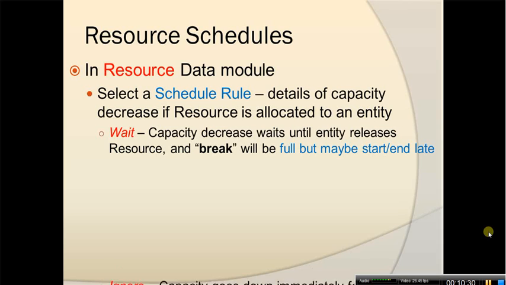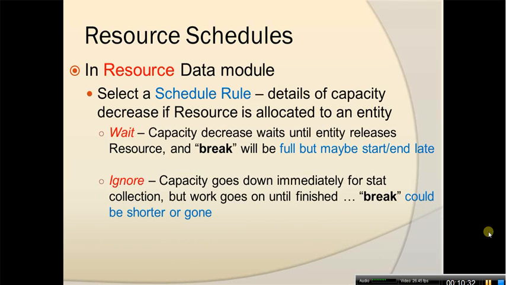But in ignore, it's actually going to reduce our break. So with ignore rule, the capacity goes down immediately for statistical collection. So in terms of statistics collection, we see the decrease in the capacity, but the work goes on until finished, so the break is ignored partially, and so that reduces the whole duration of the break.